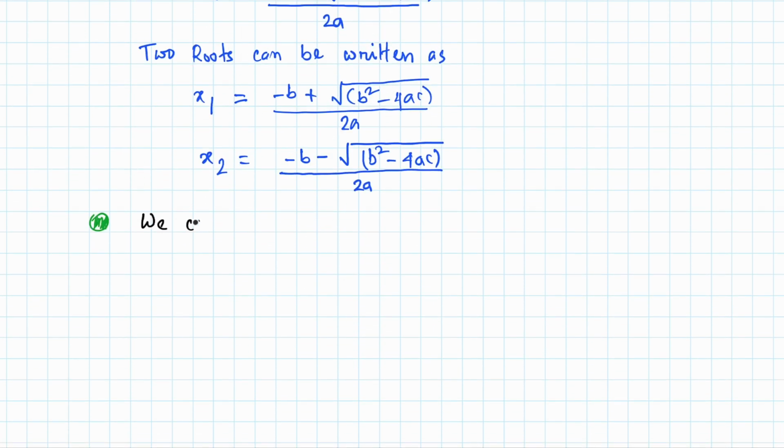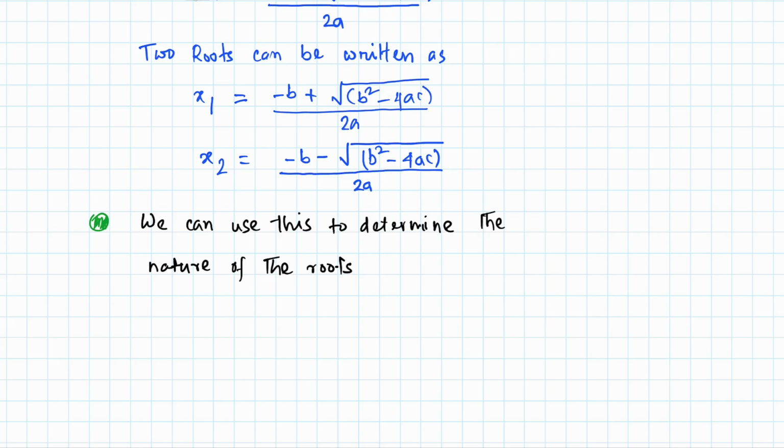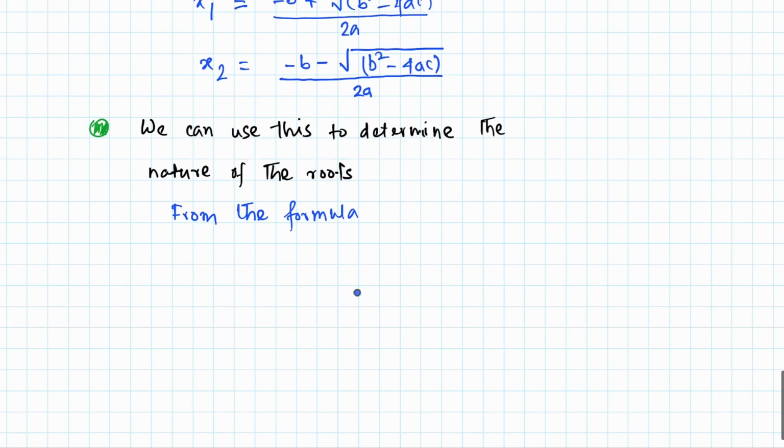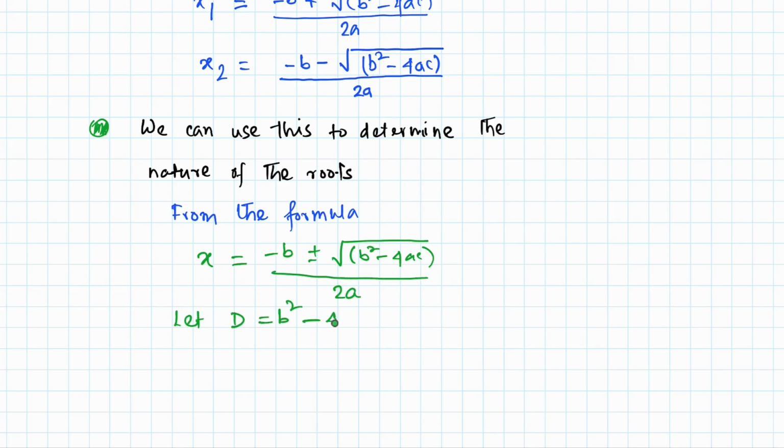And second, how can we use this formula? We can use this to determine the nature of the roots. This is also a very important point, and many a time questions come from this particular area. So from the formula we know x equals (−b plus or minus root over of b² − 4ac) by 2a. Let D be equal to b² − 4ac.